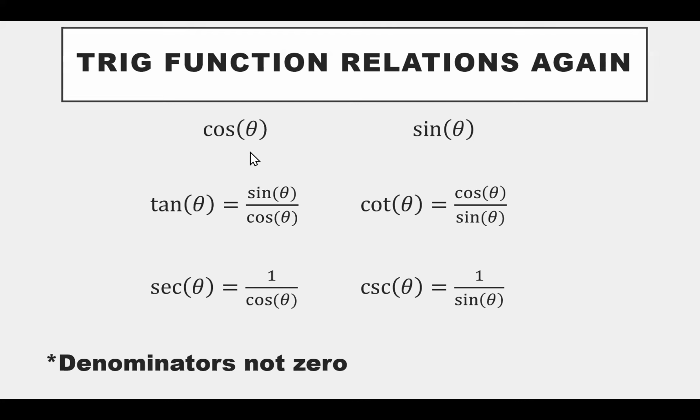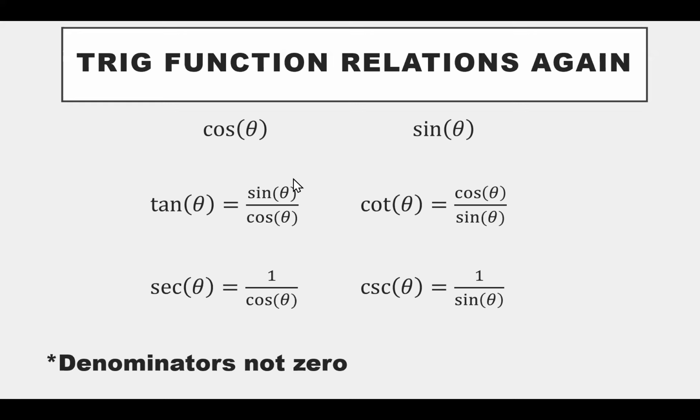Now, so far, we've looked at these trig function relations because we've been given the angles theta, and we've calculated cosine and sine using either our calculator or the diagram. And based on that, I calculated all these other 4 trig functions when the denominators, of course, are not 0.